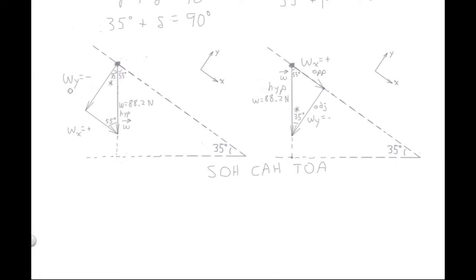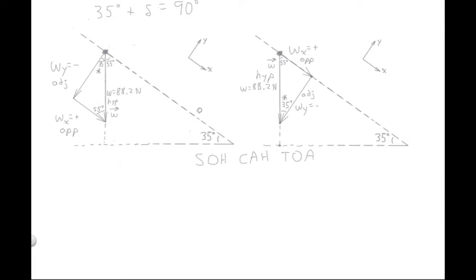So over here, this side should get labeled as adjacent because it's adjacent to the 35-degree angle that we chose to focus on. And this side should get labeled as opposite because it's opposite to the 35-degree angle that we chose to focus on. So which side is opposite and which side is adjacent depends on which of the two angles you choose to focus on. It's helpful to put in an asterisk to indicate which angle you're focusing on.